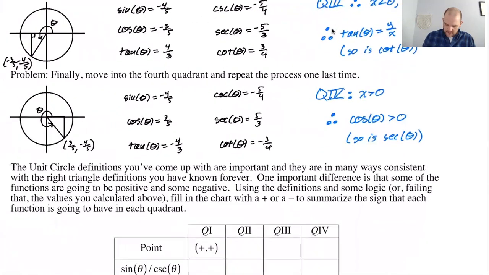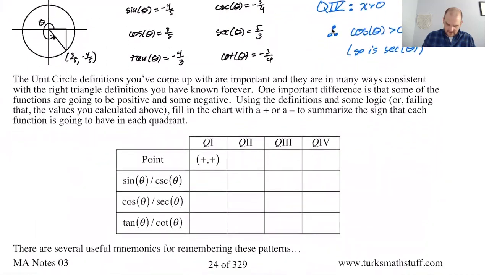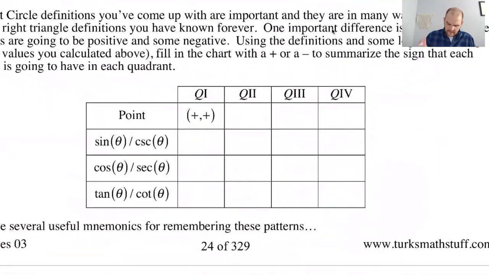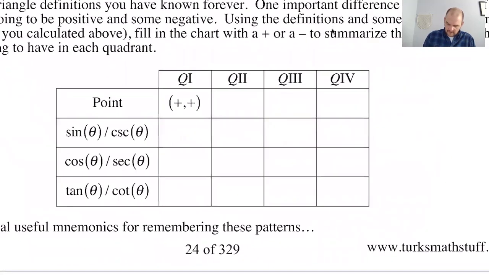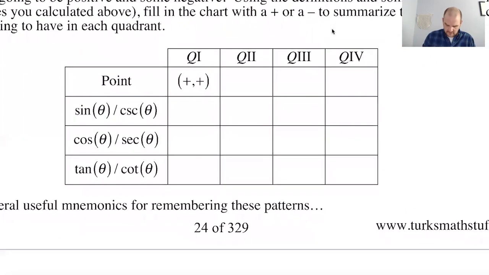So we want to kind of generalize this and just think about it one more time. So in the first quadrant, since x is positive and y is positive, everything is positive. In the second quadrant, generically, your points look like negative and then a positive.